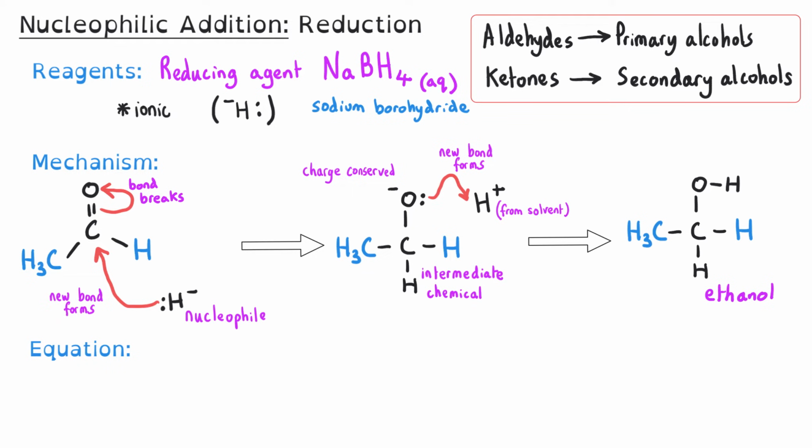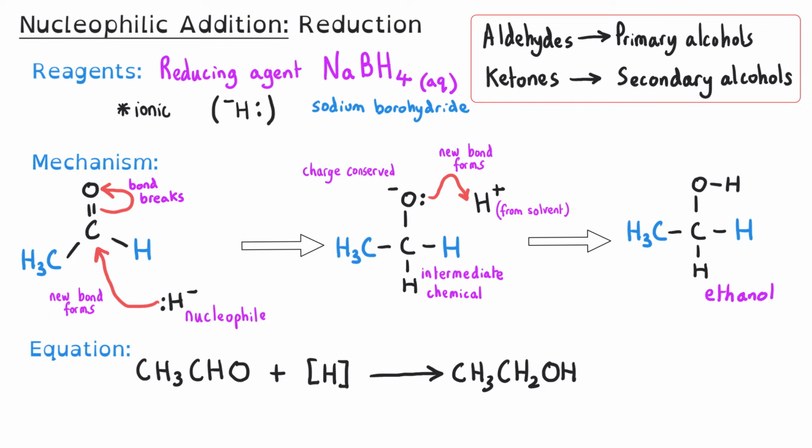And we could, instead of showing it as a mechanism, or maybe as well as that, represent this with an equation which uses structural formulas. So ethanal has got the formula CH3CHO, and ethanol is CH3CH2OH. And then to show the reduction, we are in fact allowed to just use a capital H for hydrogen inside square brackets to show that we are giving hydrogen from some kind of reducing agent without using the reducing agent's full formula.